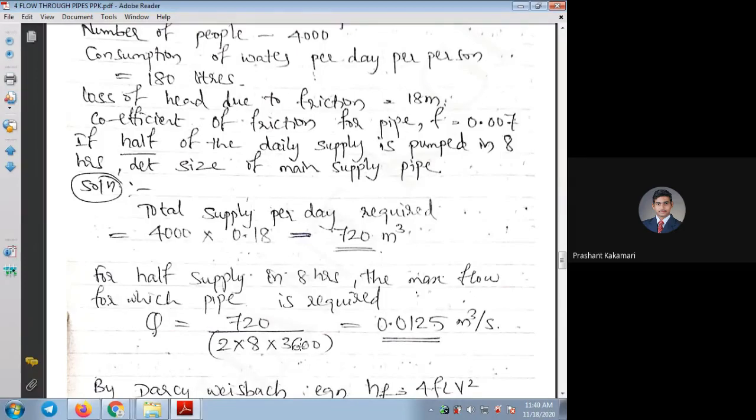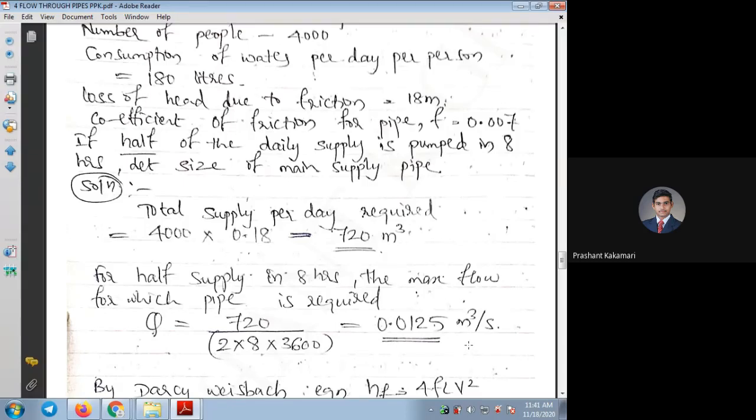So ultimately, you multiply 3,600 into 8 hours into 2 times. This will be the total discharge from the pipe. Meter cube per second, one can find out as 0.0125 meter cube per second. This much flow is required per second.